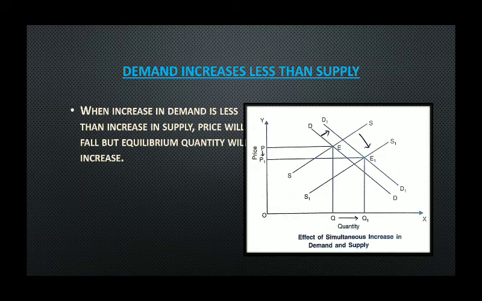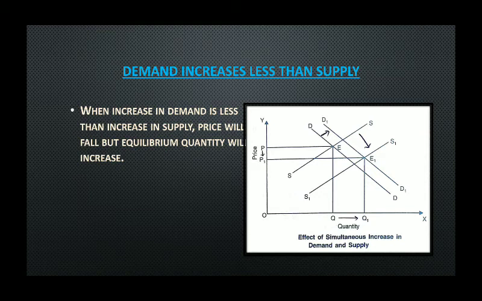Just because the impact of supply is more, and we have seen that when supply increases with constant demand, price falls. And this is what is reflected here as well: when demand and supply both increase and the increase in demand is less than supply, or the increase in supply is more than demand, then equilibrium quantity will increase but price will decrease.